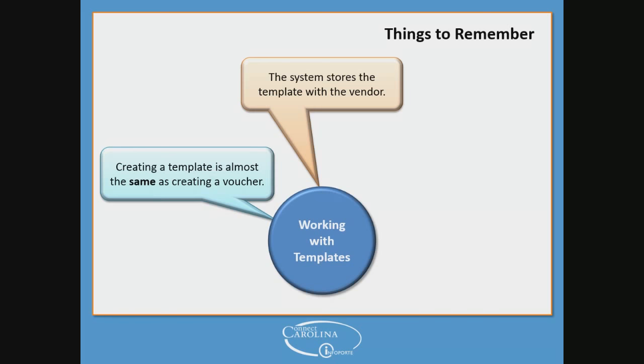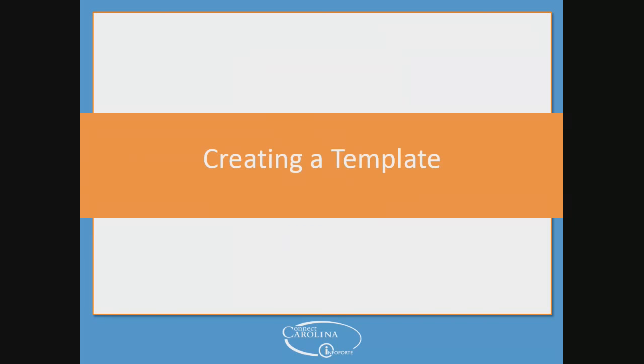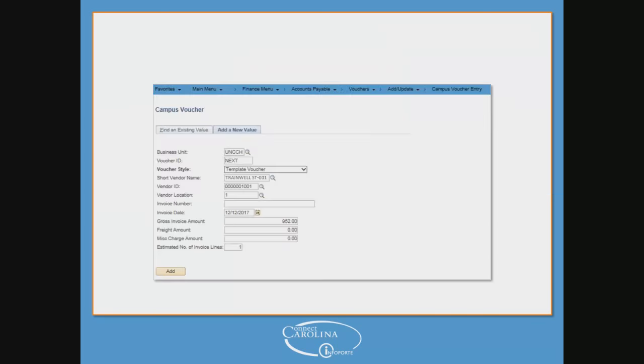So when you get into using the template to create a voucher, you're going to pull it up based on who the vendor is. And again, we're going to get to that. And the last big thing is when you're using the template, at a minimum, you're going to have to enter 3 fields when you're using that template to create a voucher going forward. So all of that being said, let's get into creating a template.